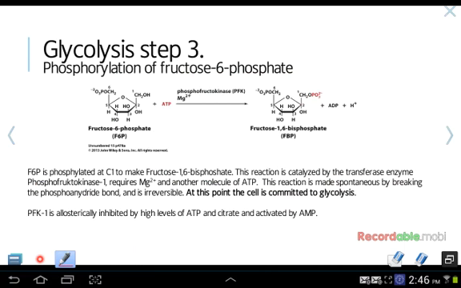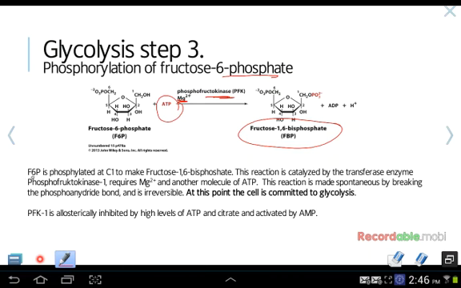In step 3, we now have phosphorylation of fructose 6-phosphate in order to make fructose 1,6-bisphosphate. Again, this is using another kinase, phosphofructokinase, which requires magnesium as well as another molecule of ATP to transfer that phosphate group and to couple the energy of that reaction.